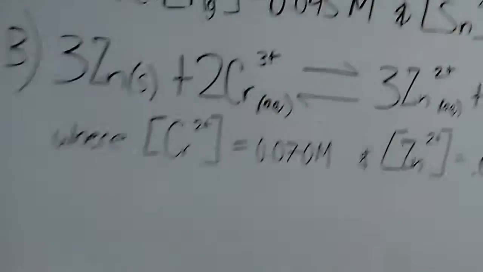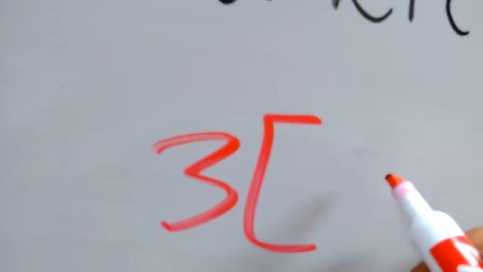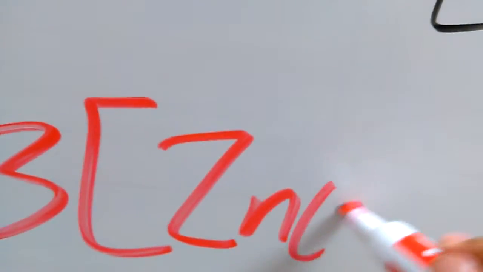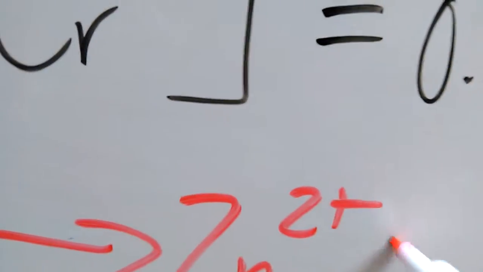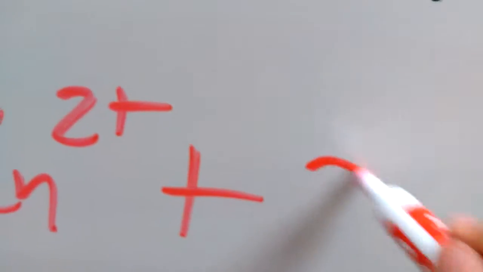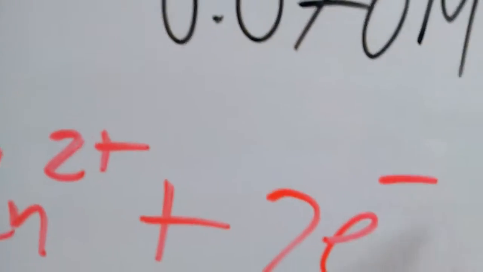All right, so we start off with a half reaction, and it's going to be 3 zinc solid. It's going to yield a zinc 2 plus charge. And from here to here, you actually lost 2 electrons, so you're going to add 2 e minus.